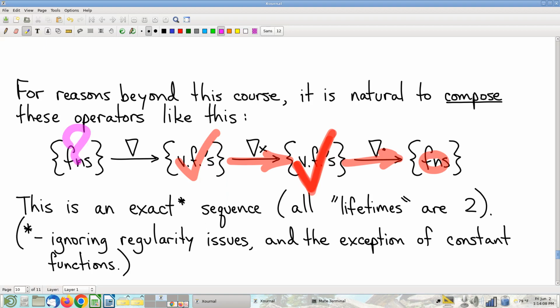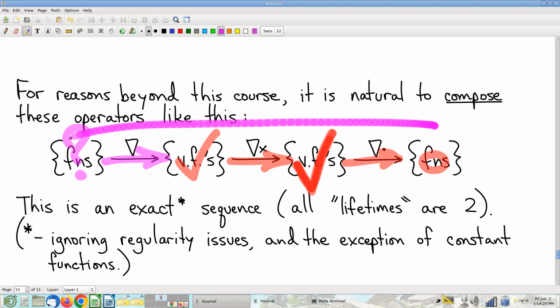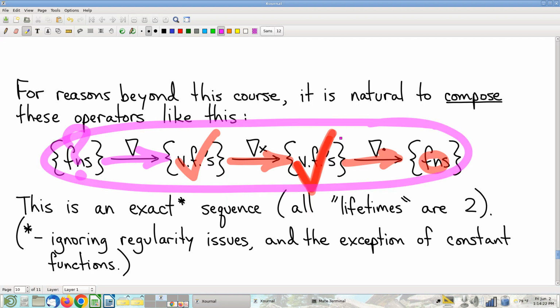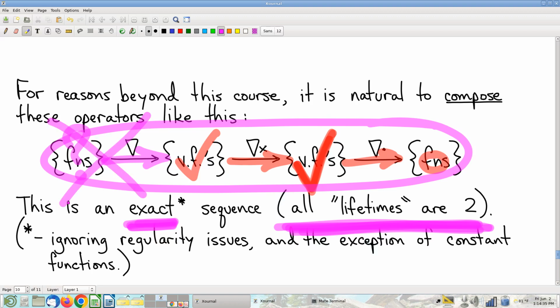If there were an anti-gradient, then its gradient would be non-zero, that curl would be non-zero, and it would be all the way over here to the divergence before you finally get 0, and that would be a lifetime of 3, which is not consistent with this statement. Right, so this is what we mean by an exact sequence. So all the lifetimes are 2. If the lifetimes have to be 2, then that can't be there. Does that make sense?